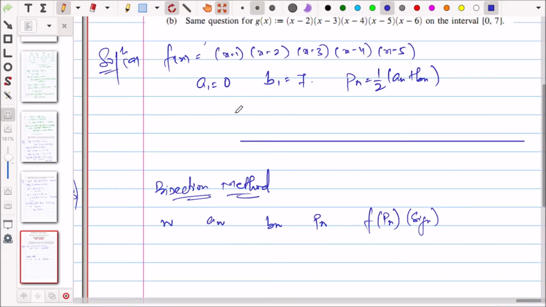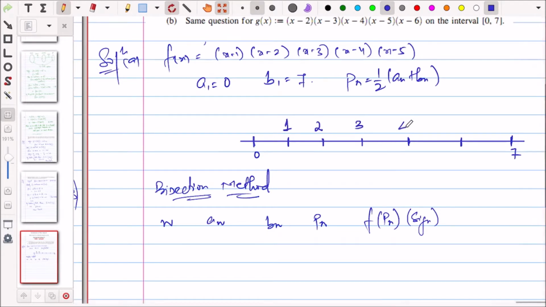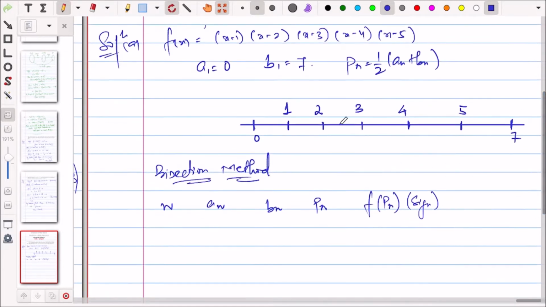So these are the points. This is our 0, this is 7, and now 1, 2, 3, 4 and 5. Now we will verify the sign using this.